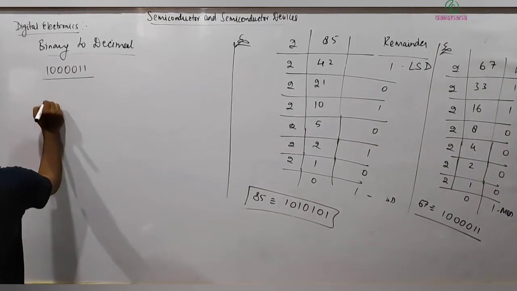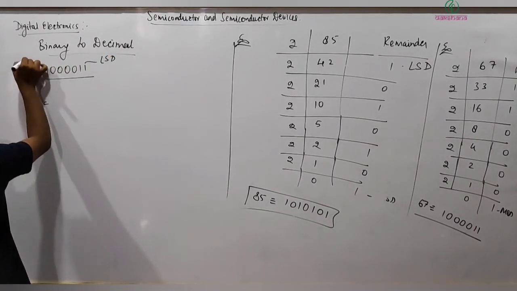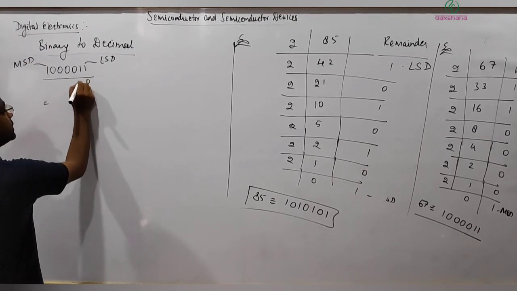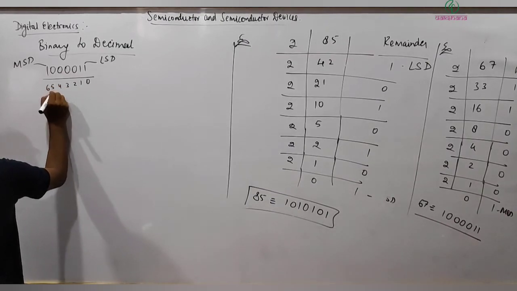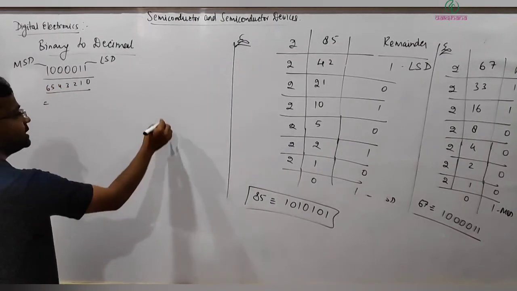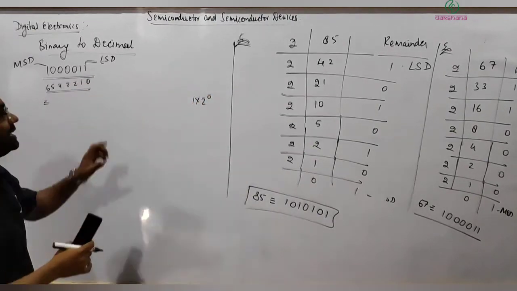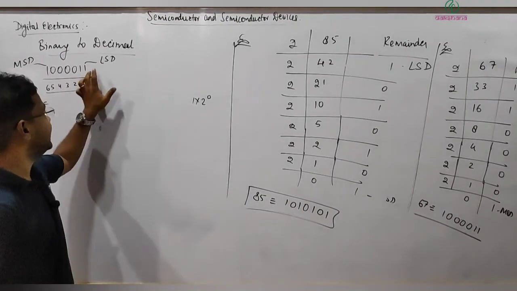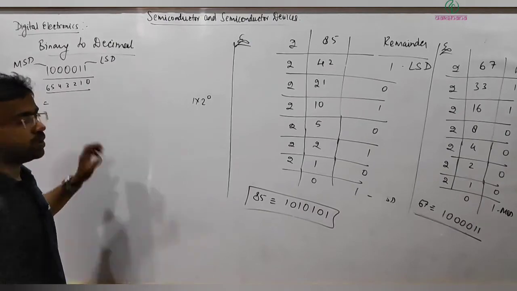So the conversion process: this is the least significant digit and this is the most significant digit. We start from power 0, then 1, 2, 3, 4, 5, 6, so there will be power 6. We write 1 multiplied by 2 power 0. For each digit, we write the digit multiplied by the base to the power 0, 1, 2, and so on.